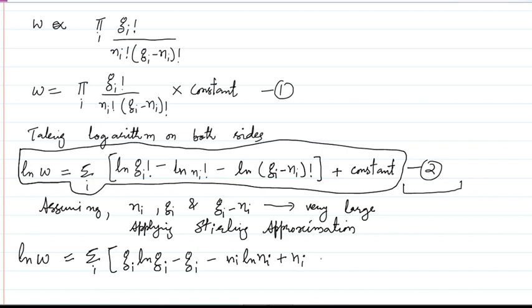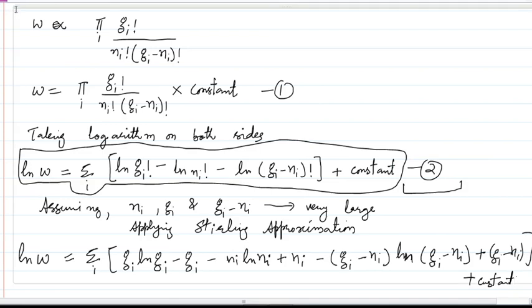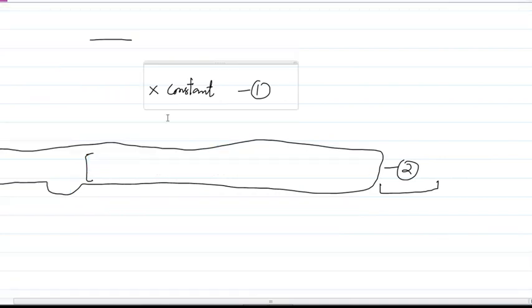Similarly, for this case it will be minus Gi minus Ni ln of Gi minus Ni, plus Gi minus Ni, plus a constant. So we get this relation. Now we will further simplify this relation.